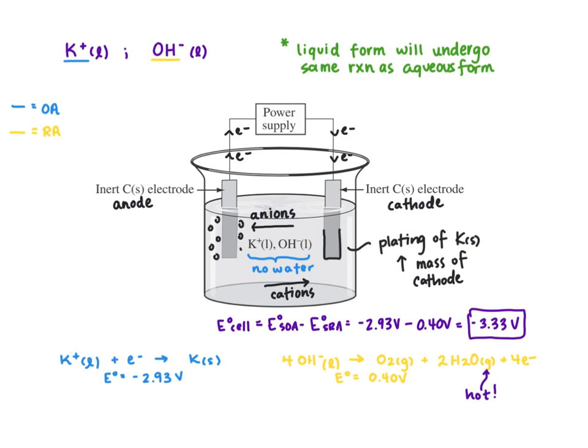And those bubbles are the result of the gas being produced. Because we're not producing a solid or using up our electrode, there's not going to be a change in mass of the anode. And so even though this is a new type of cell to us, by using the same 5-step method, we're still able to identify what will happen in the cell and label any observations we may see accordingly.